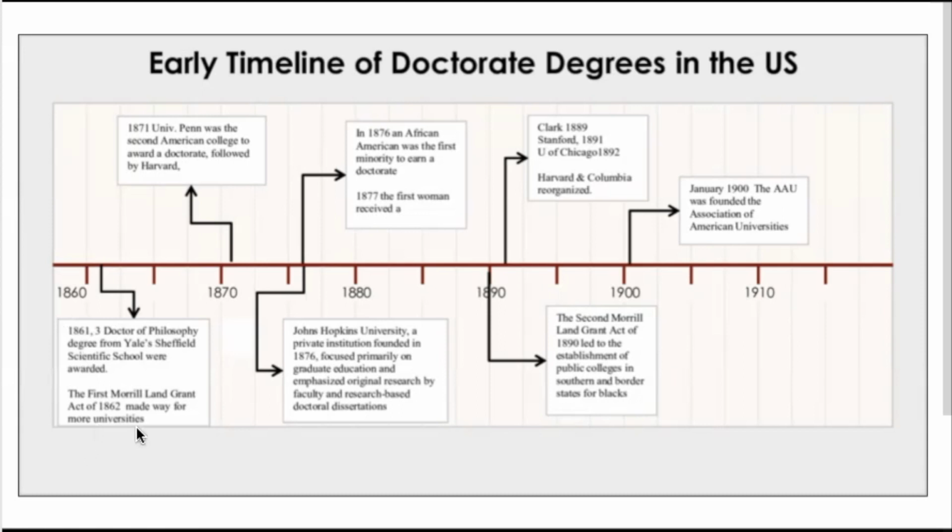The other thing I'd like you to notice down here is the first Morrill Land Grant and the second Morrill Land Grant. I know I say Morrill and Morral as if they're very similar. So this is Morrill, named after a person.